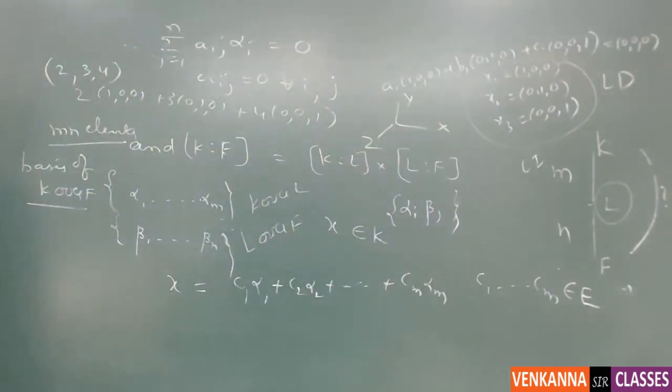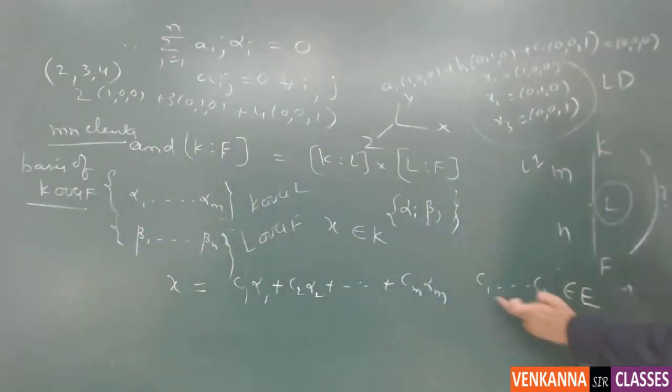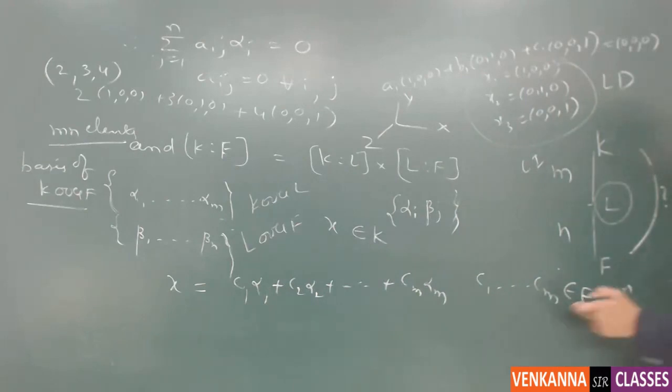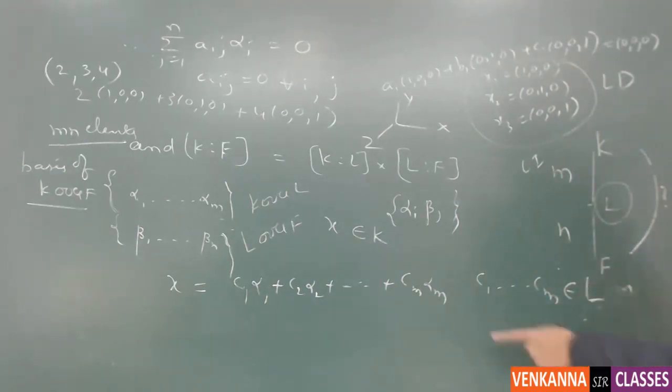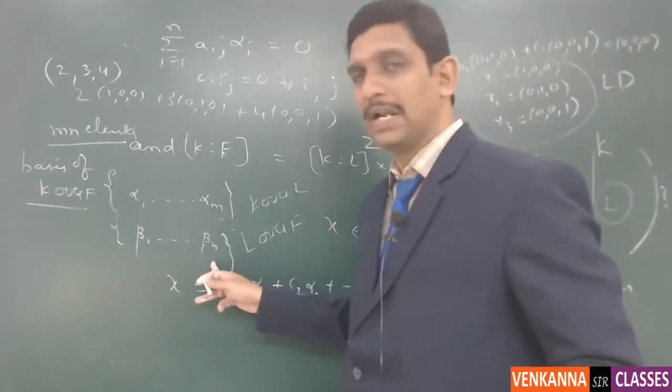Because alphas are a basis for K over L. Again, since C1, C2, so on, Cm are elements in L, and L is a vector space over F, whatever value you take here can be written as a linear combination of the basis. And what is the basis of L over F? It is nothing but beta 1, beta 2, so on, beta n.